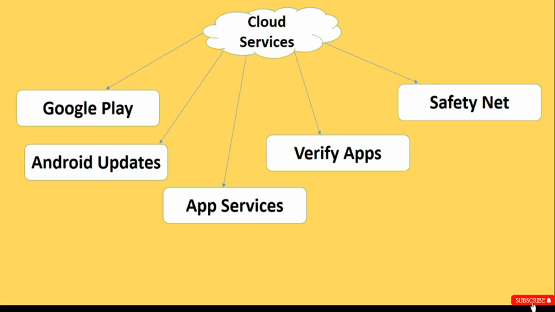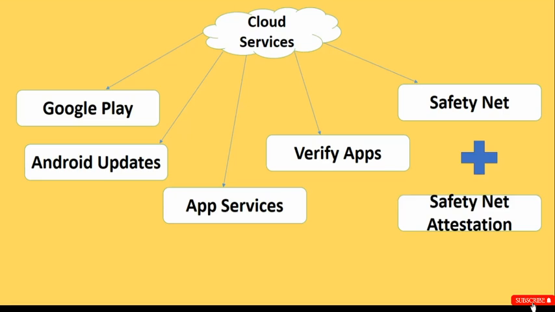Okay. So now going back to the services, SafetyNet is basically a privacy preserving, well, some people call it an intrusion detection system, to assist Google in tracking and mitigating known security threats, and also to identify other types of abnormal activity within the Android ecosystem. Okay. And part of that is the SafetyNet attestation service.